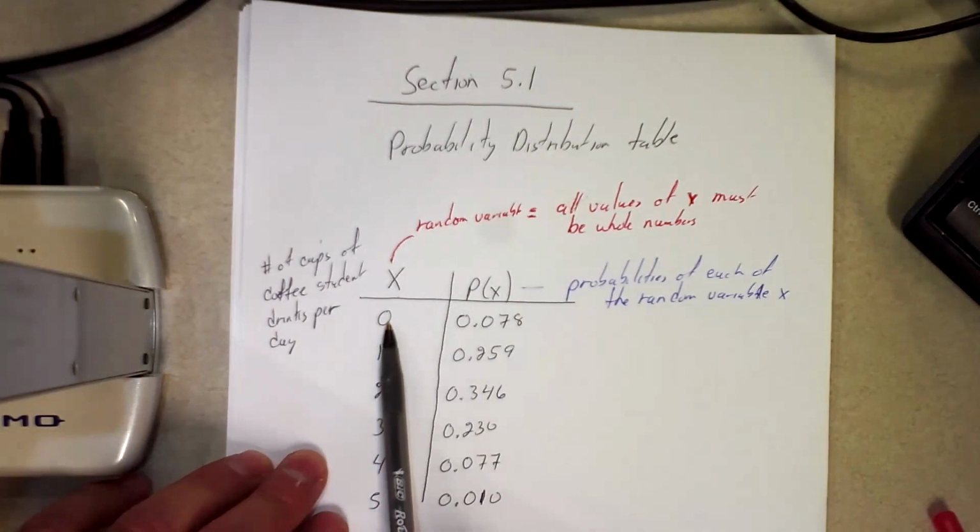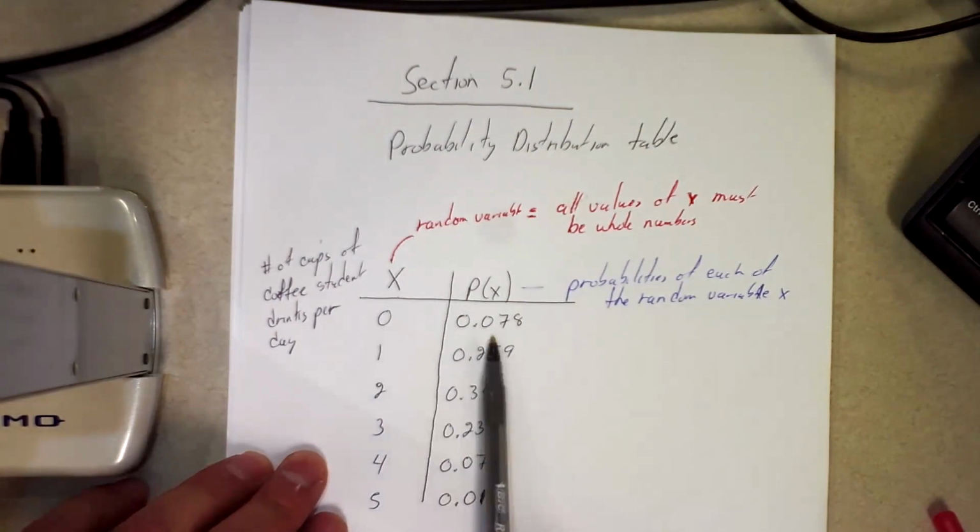So the number of students who drink no coffee in the morning is 0.078 or 7.8%.